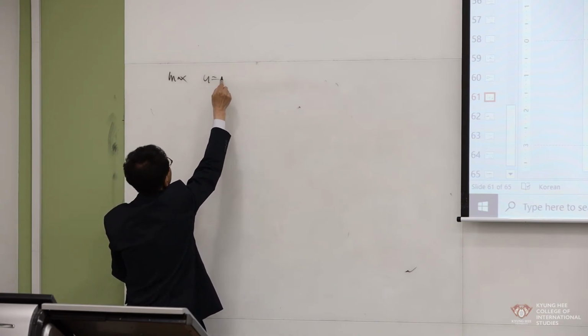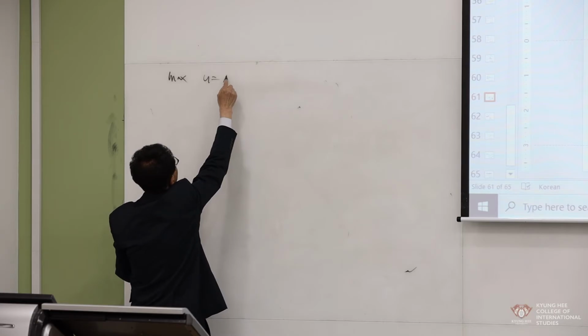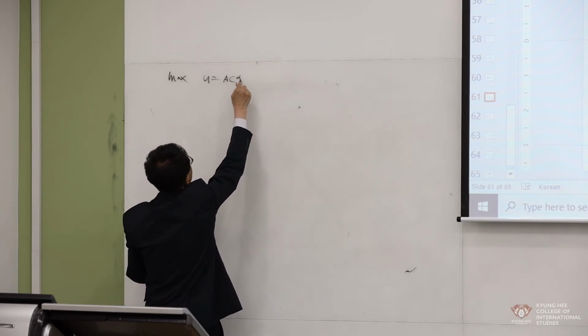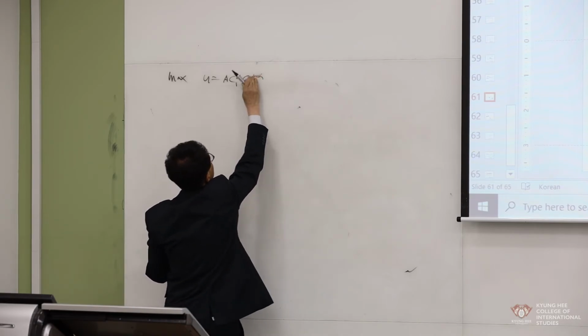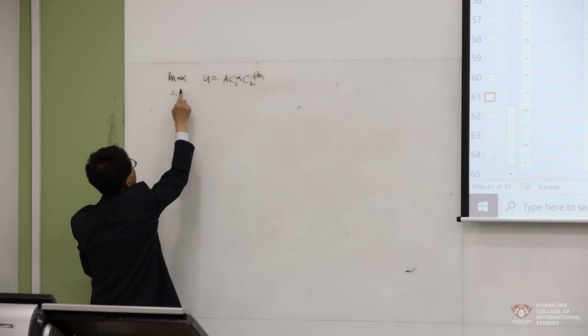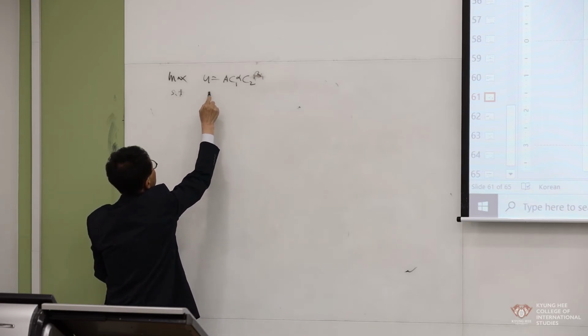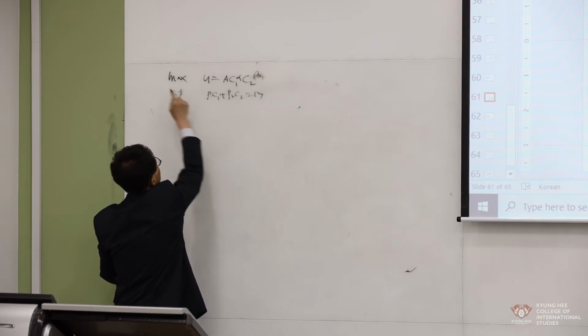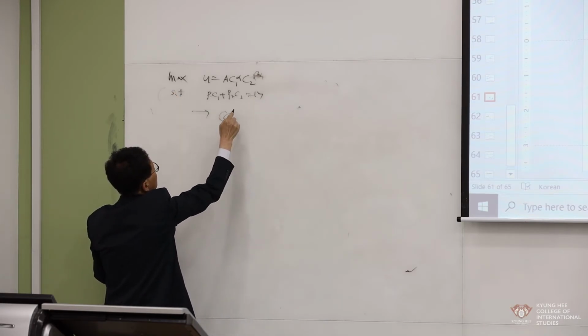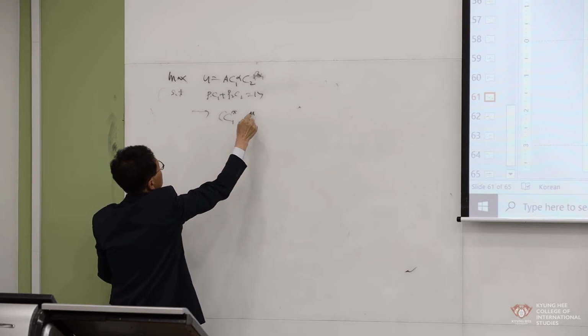Utility is C1 alpha, C2 1 minus alpha, subject to budget, P1 C1 plus P2 C2 equals income, and you find C1 star, C2 star.